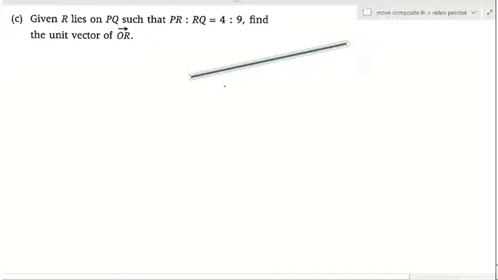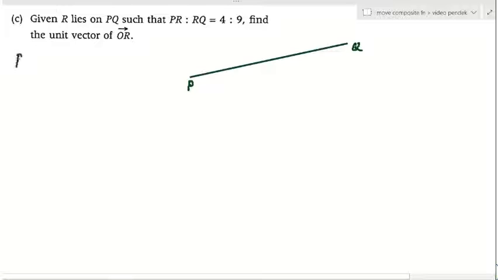It starts with P and stops at Q. Vector PQ, P to Q. R lies on PQ such that PR to RQ is 4:9.